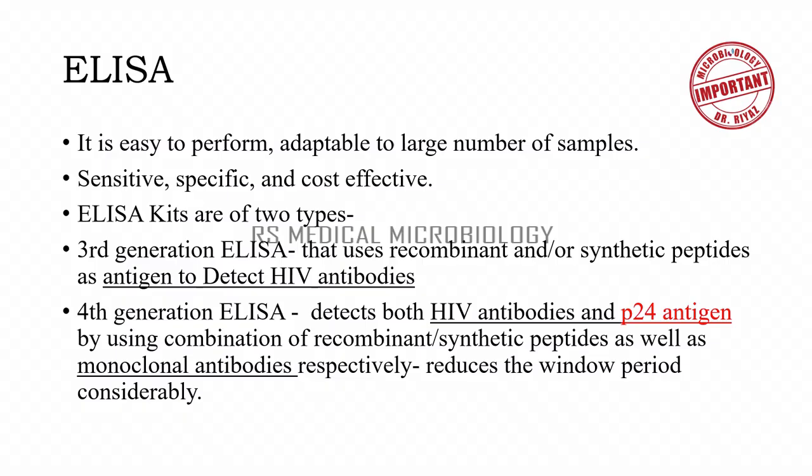For HIV diagnosis particularly, we use third generation and fourth generation ELISAs. Third generation uses recombinant antigens or peptides against the HIV antibodies. The fourth generation ELISA is also capable of detecting P24 antigen, using monoclonal antibodies, so it can be used for diagnosis of patients even in the window period.